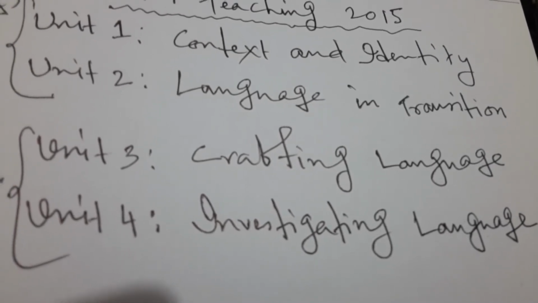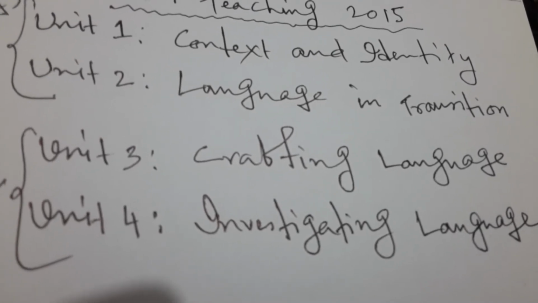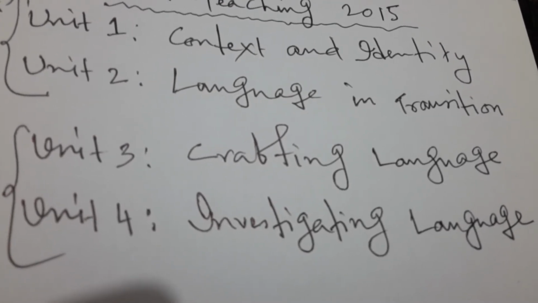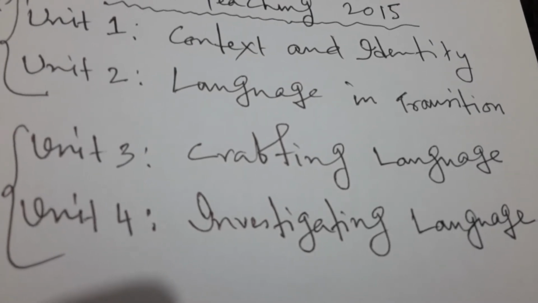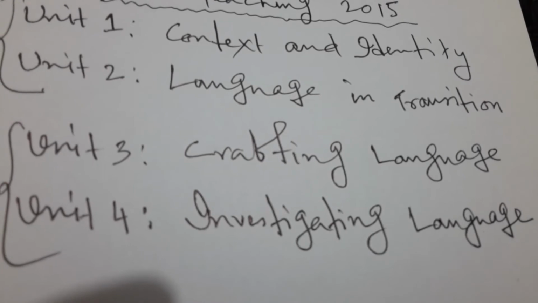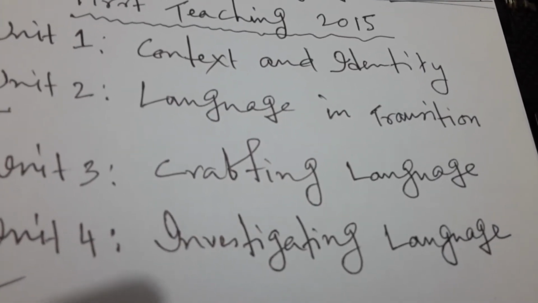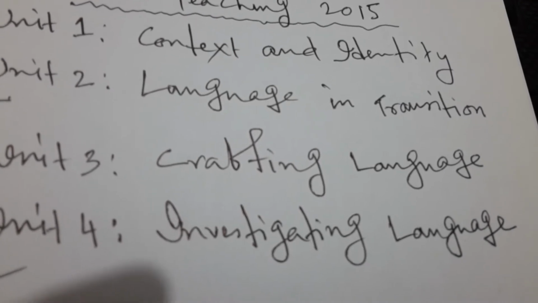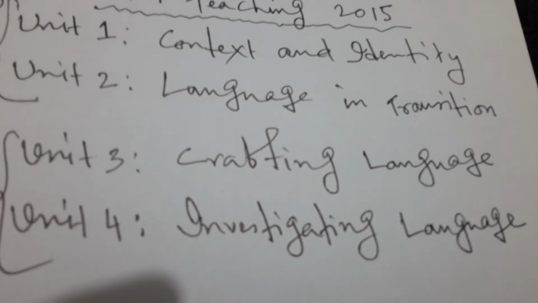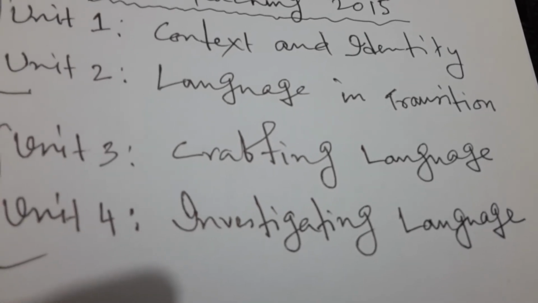And you will also, after producing your text, comment on your text and say why you chose a particular audience, and because you chose that particular audience or context, how that influenced your choice of lexis, means words, and so on and so forth. And the final unit is Investigating Language.